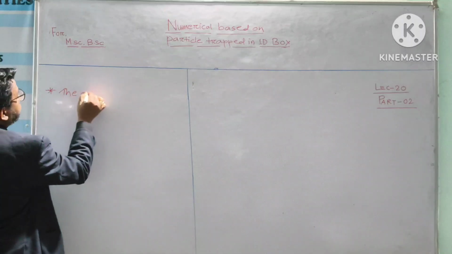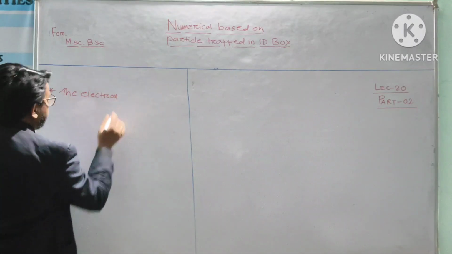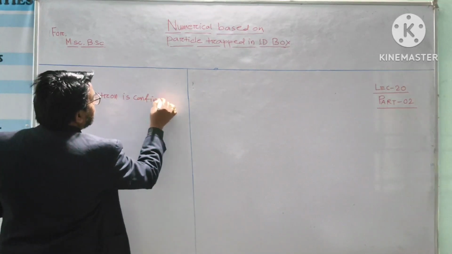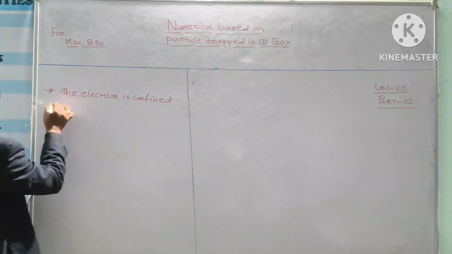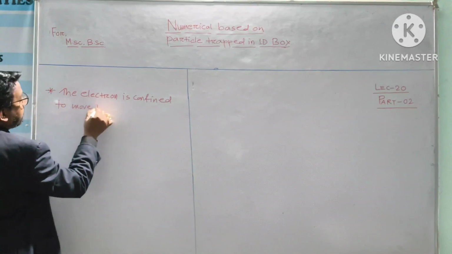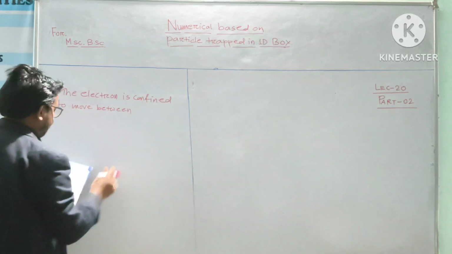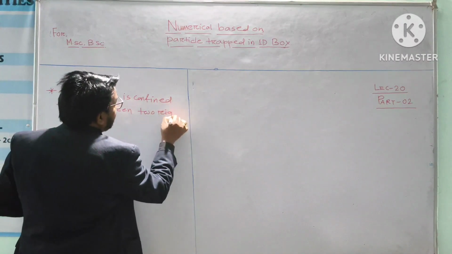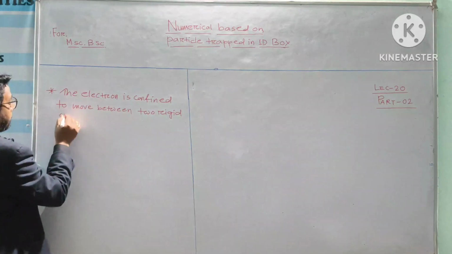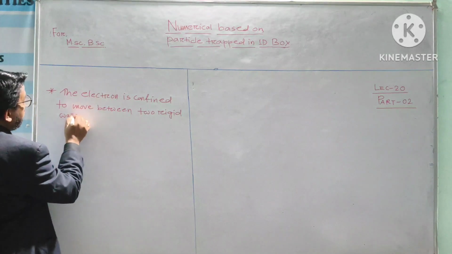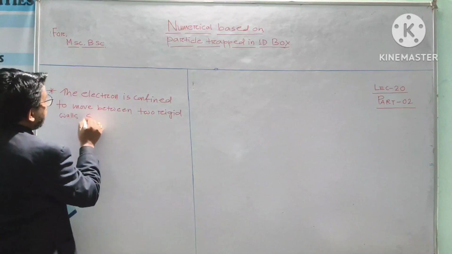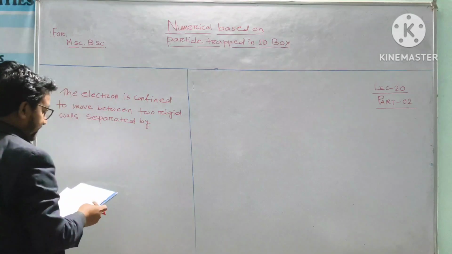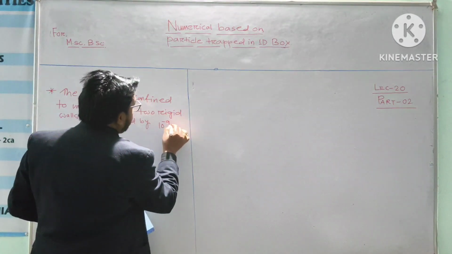The electron is confined to move between two rigid walls separated by 10 to the power minus 9 meter.